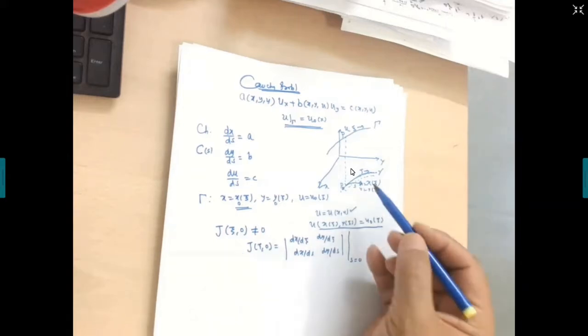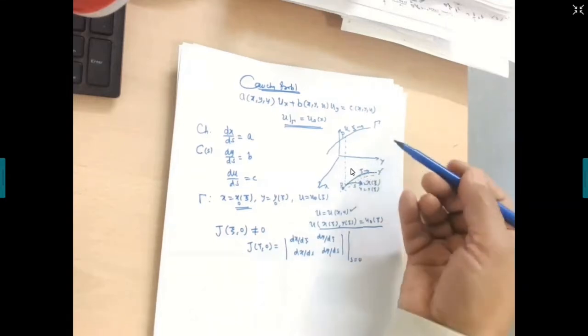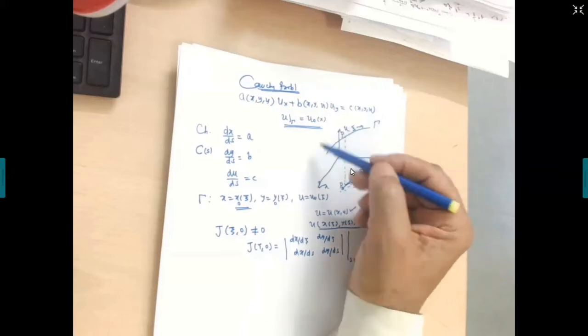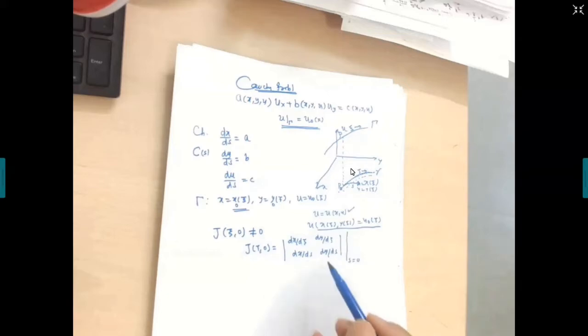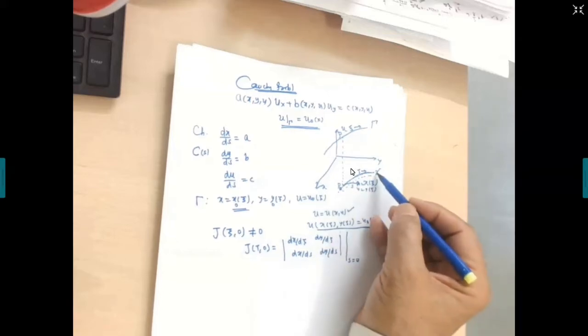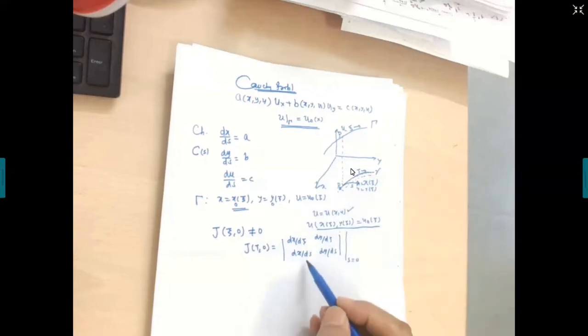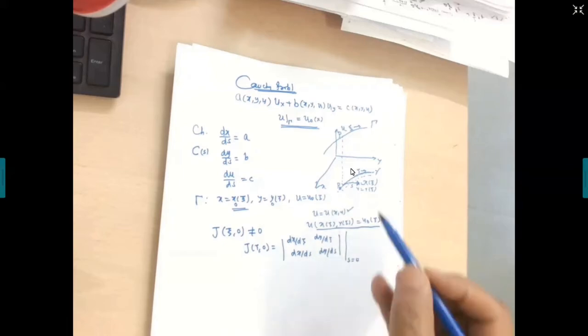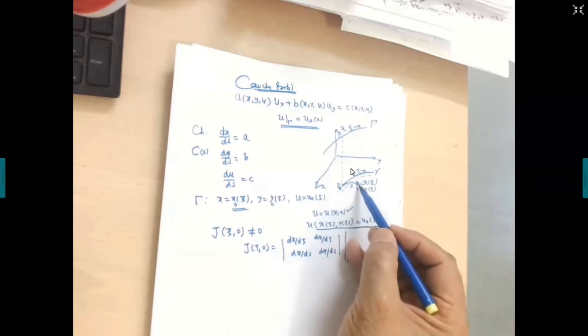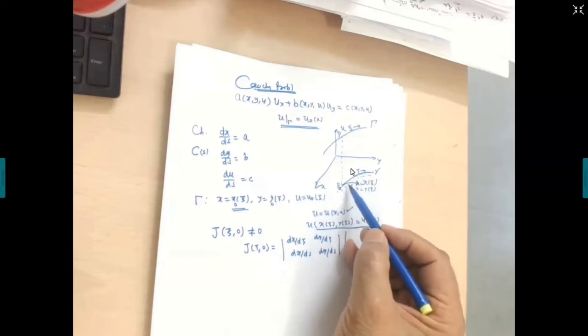This is the condition for this space curve. The corresponding condition is that the surface contains this gamma. What does it mean? This means the given curve is nowhere tangent to the characteristic curve. What is this? dx/ds, dy/ds are the components of the tangent vector to the characteristic base curve.